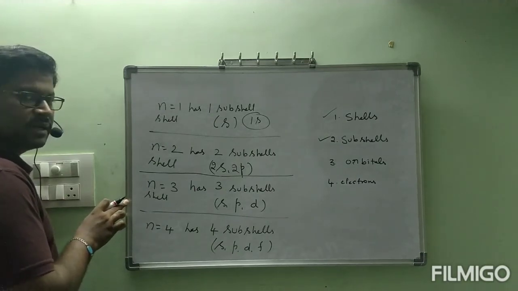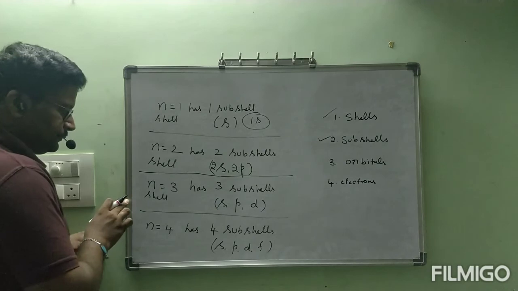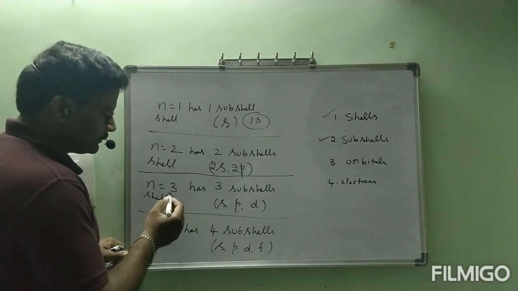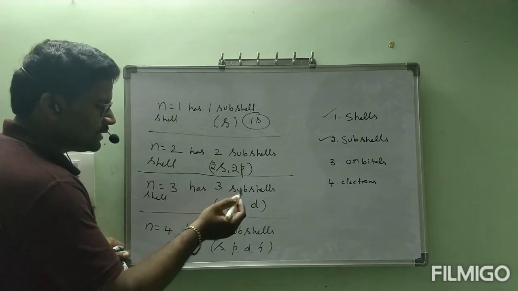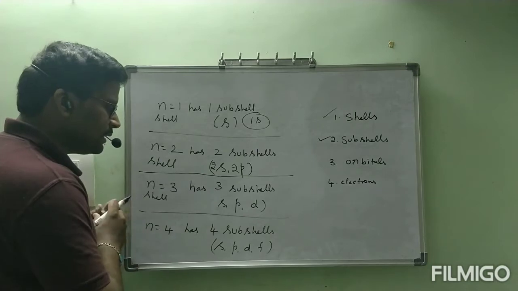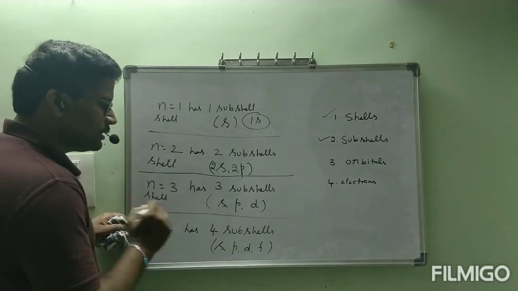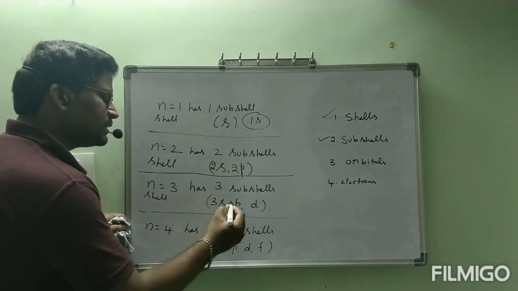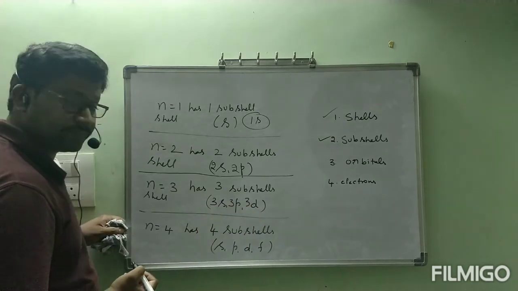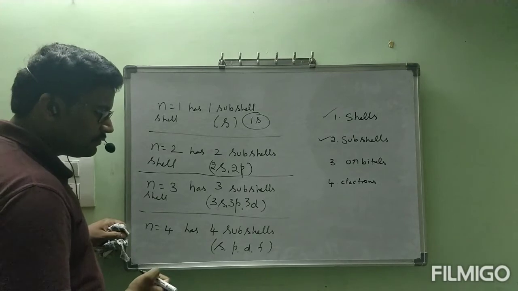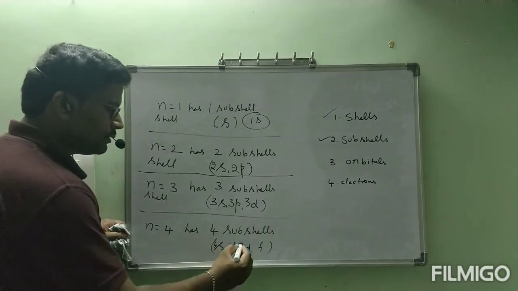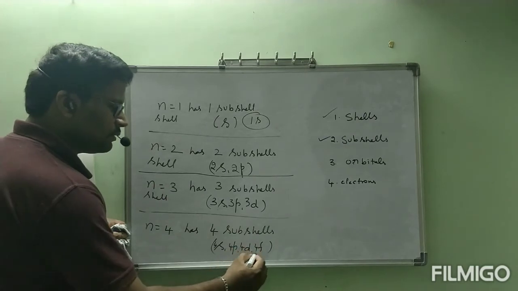That's why 2s comma 2p. Next, n is equal to 3 has 3 subshells, s, p, d. These all belong to the third shell. So 3s, 3p, 3d. These belong to the fourth shell. So 4s, 4p, 4d, 4f.